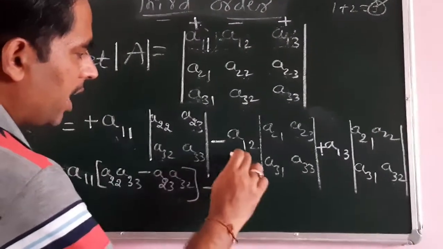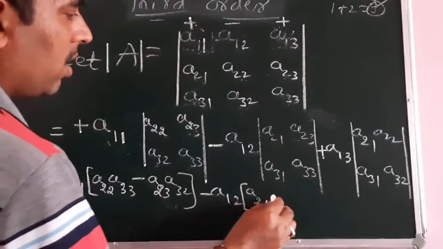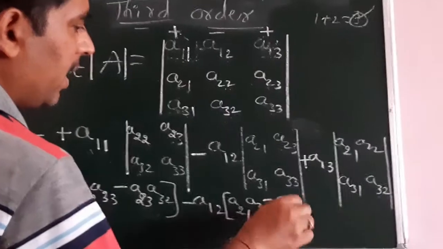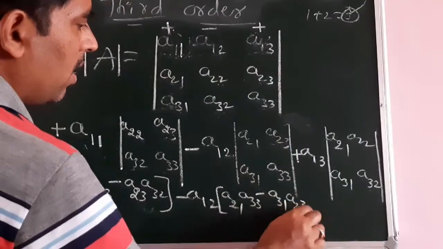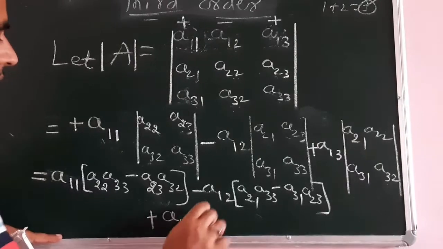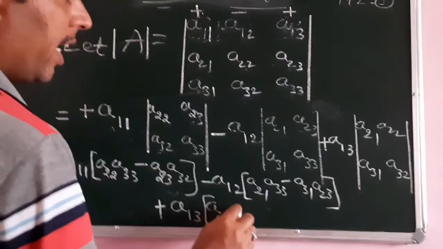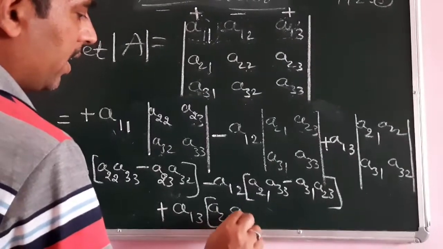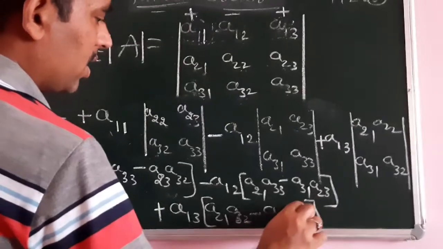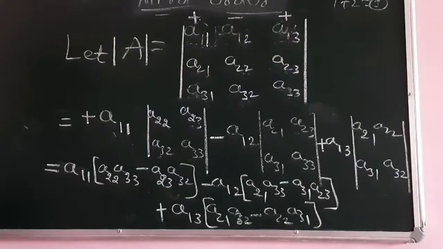Minus a12 into a21 a33 minus a31 a23. Last one, plus a13 into a21 a32 minus a22 a31. So this is the general expansion.